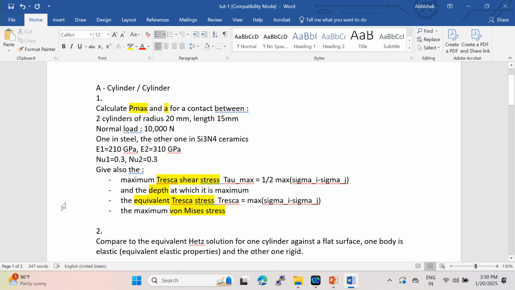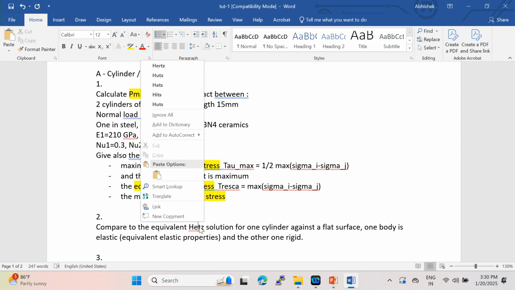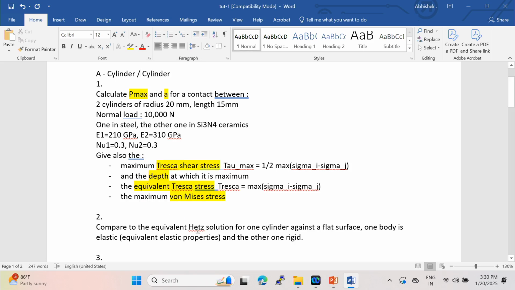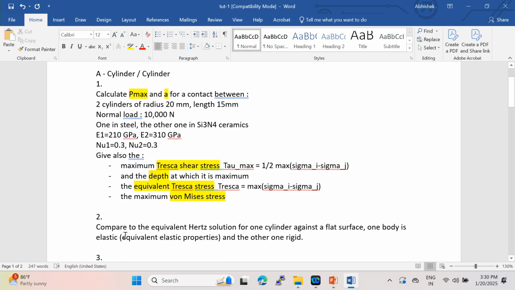Then the second question will be to make the equivalent problem of a cylinder on a flat surface. This time one body will be elastic, but you have to calculate the equivalent elastic properties.